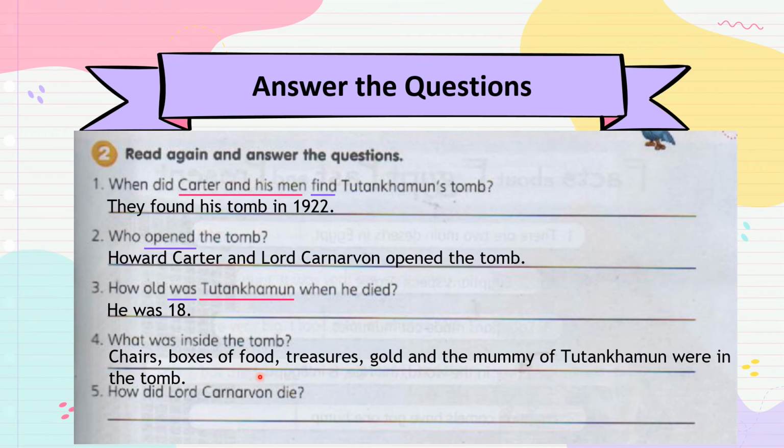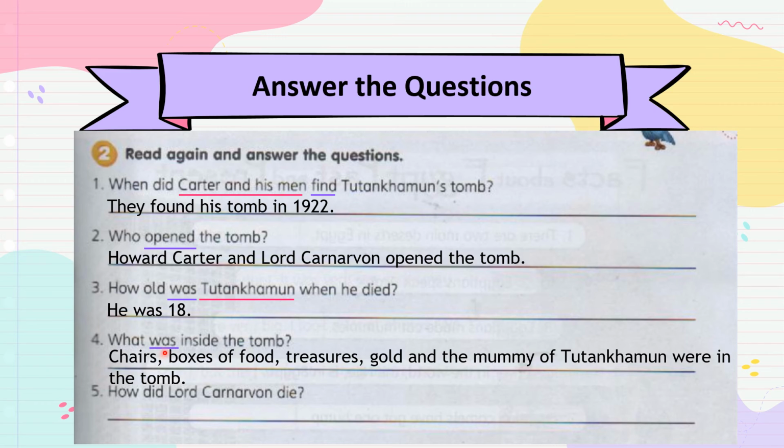Chairs, boxes of food, treasures, gold and the mummy of Tutankhamun were in the tomb. Okay, kerusi-kerusi, kotak-kotak makanan, treasures, barang-barang bernilai, emas dan juga mumia Tutankhamun were in the tomb. Was dengan were. Was ni, present simple dia is.